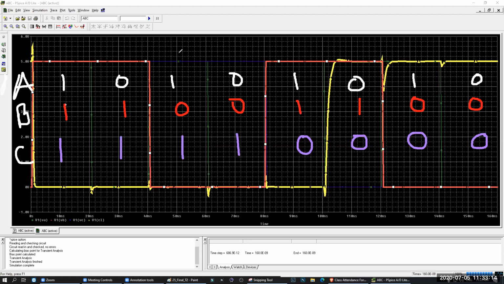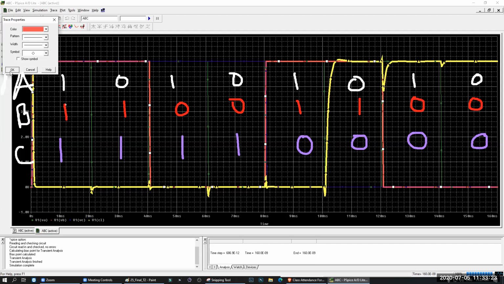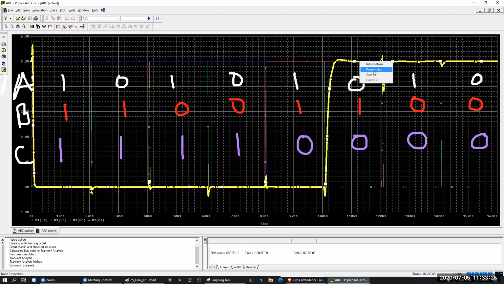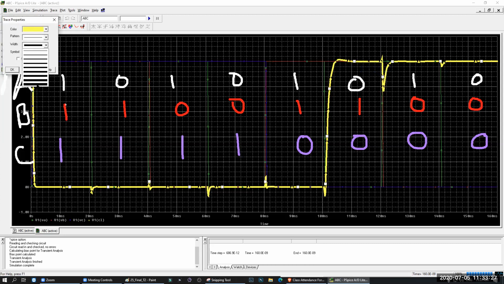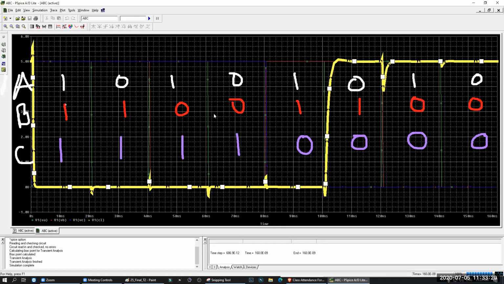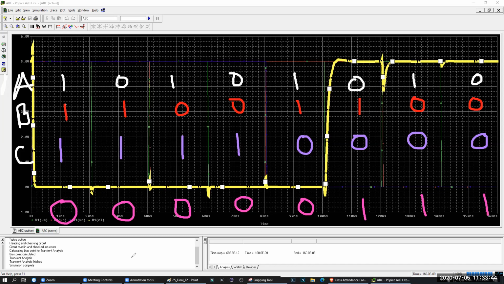So what is your output? Your output is this one. I'm going to draw the output now. This is 0. What is your formula?